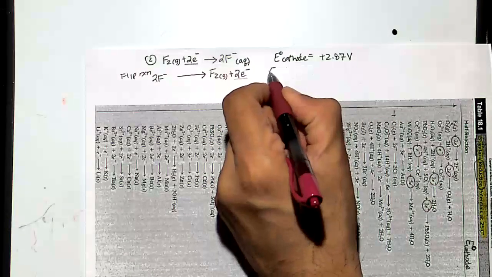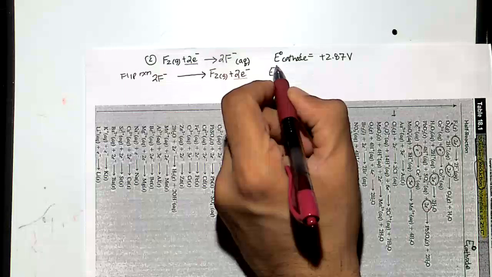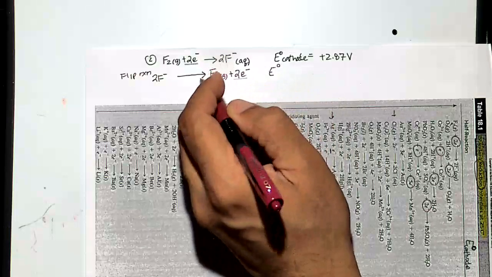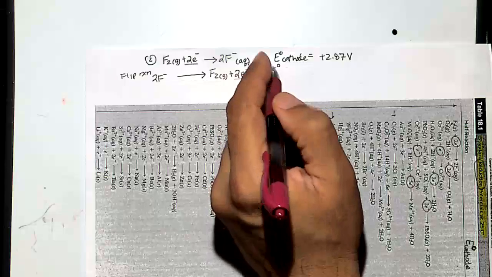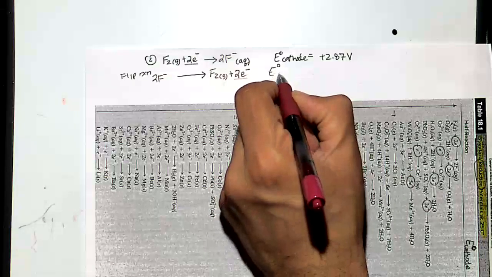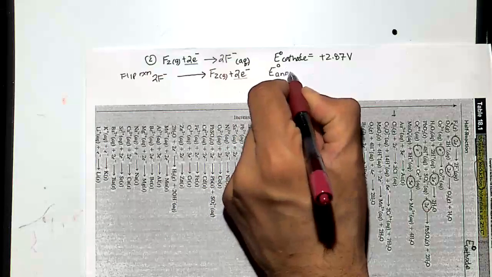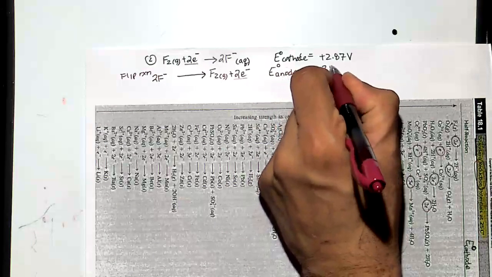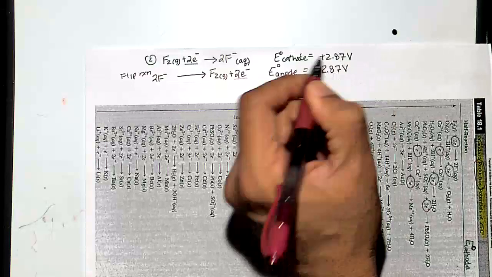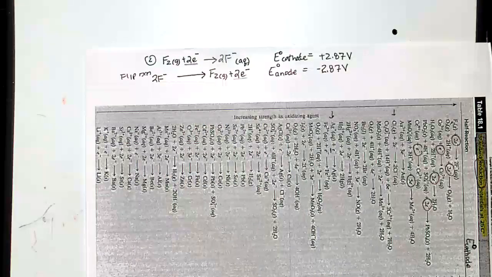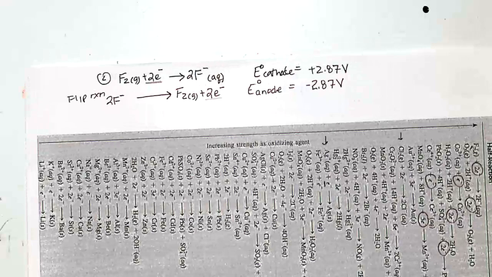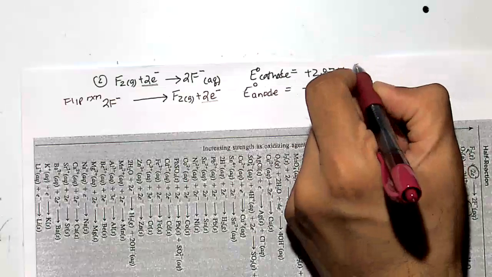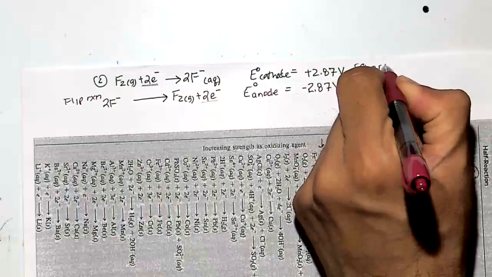What is that called? LEO-GER: lose electrons, oxidation. So this is an oxidation half reaction. Where does oxidation occur, the cathode or the anode? Anode. So now this is minus 2.87 volts. If you flip a reaction, you flip the sign.